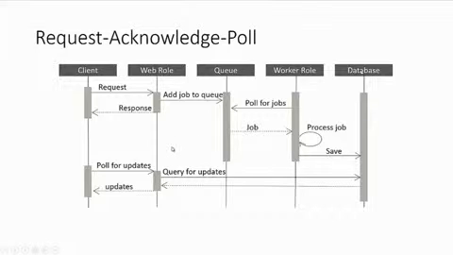And the web role will provide an additional interface so that the client can pull for updates. So in turn, the web role will query the same database, get the result back, and send updates back to the client. So this is a very simple pattern. Basically, the client submits a job, starts a timer, and keeps polling for updates.